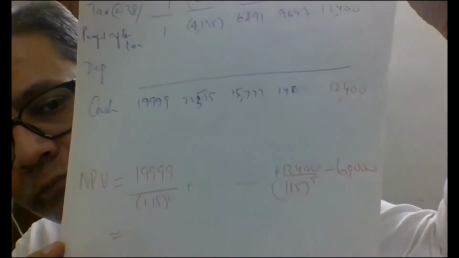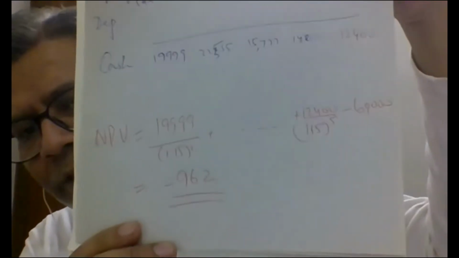I'm just taking one value and discounting it at 15%. I'm trying to solve this question, and the answer is negative, that is minus 962. So the answer is NPV is negative. It means that this project is not feasible.